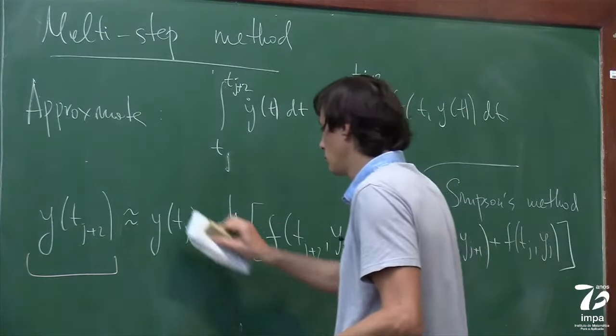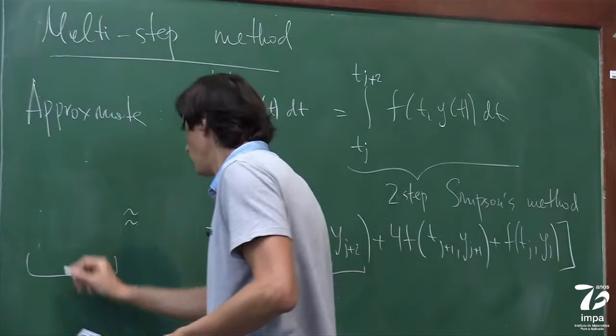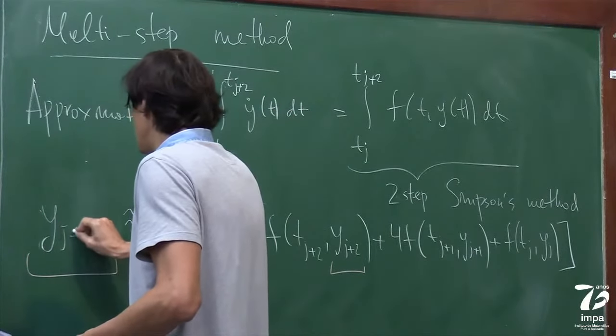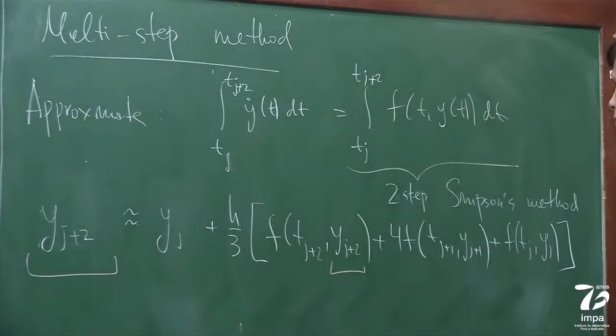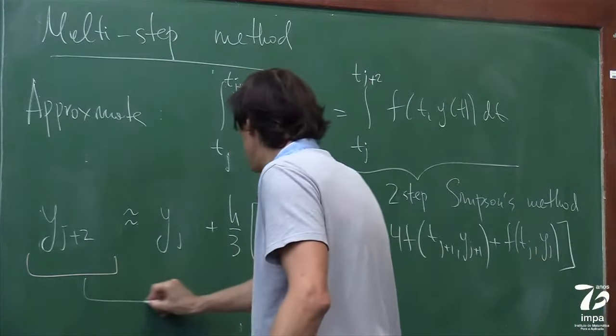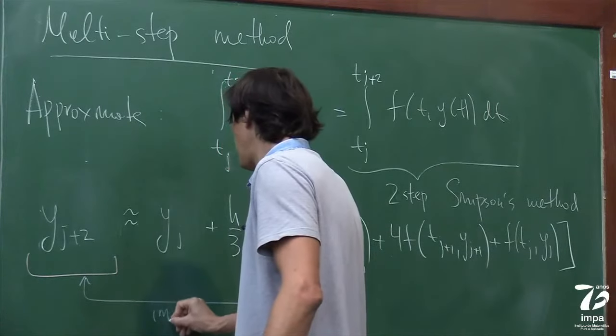Let's just say yj plus 2 equals yj, right? So it appears here and here. That means that it can, in principle, be implicit.